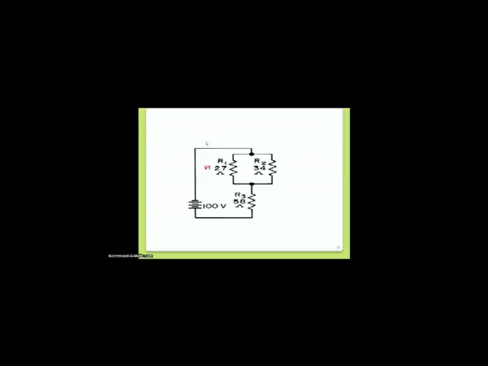Now, coming to the calculation of individual voltage drops. Since we have all the branch currents, calculation of the voltages will be just applying Ohm's law. V1 will be I1 multiplied by R1, V2 will be I2 multiplied by R2, and V3 will be I3 multiplied by R3.